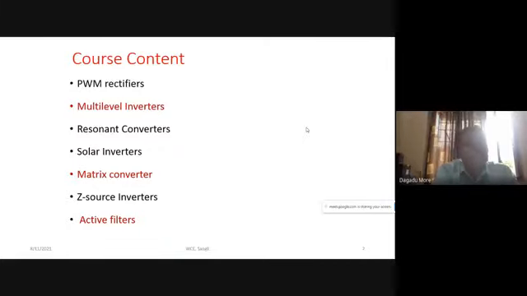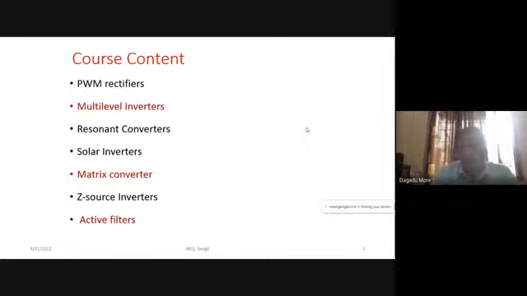So the fifth module contains the matrix converter and the Z source inverter. Again, it is a two-level inverter with some benefits that we will discuss in the fifth module. And our last module is the active filters, which we'll discuss in the sixth module.